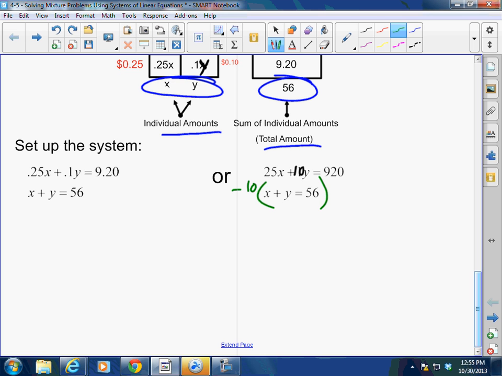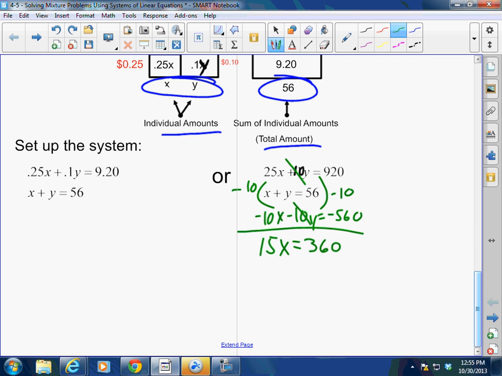So yeah, negative 10. So I got negative 10x minus 10y equals negative 560, right? So I got 15x, y's cancel, and 920 minus 560, 360. Okay, good job, guys.